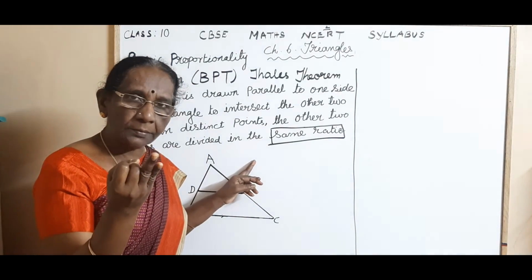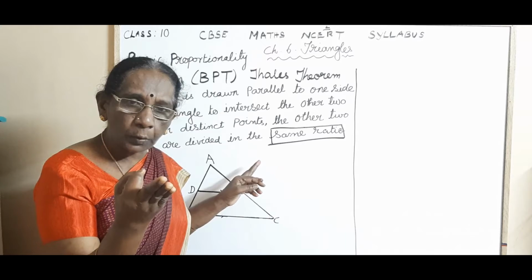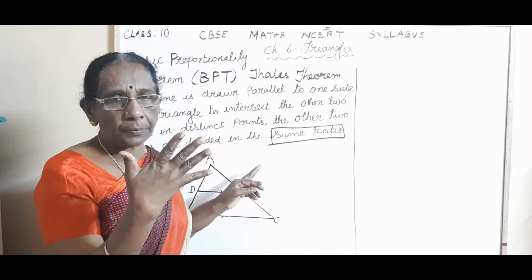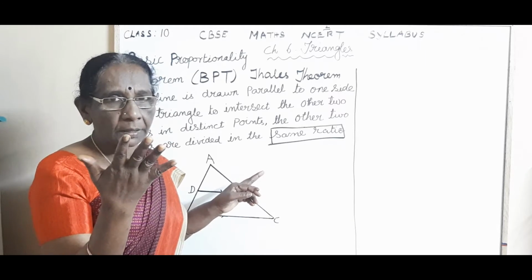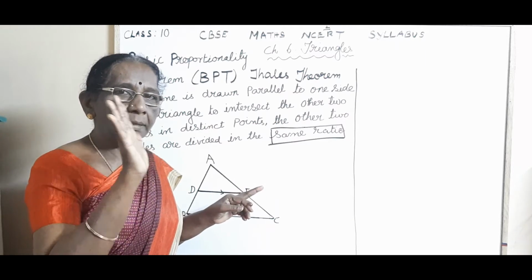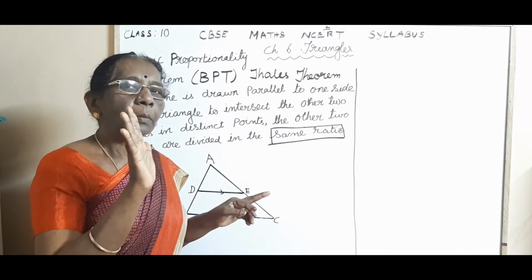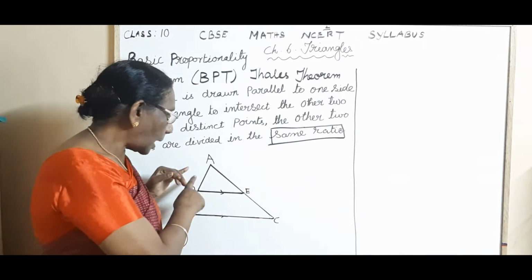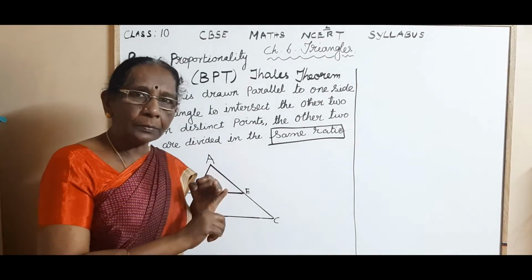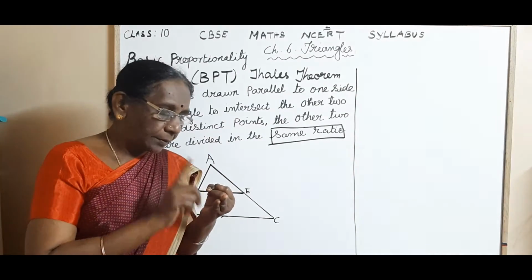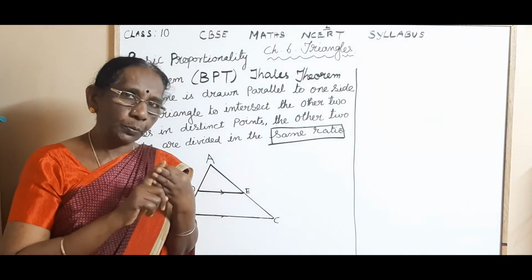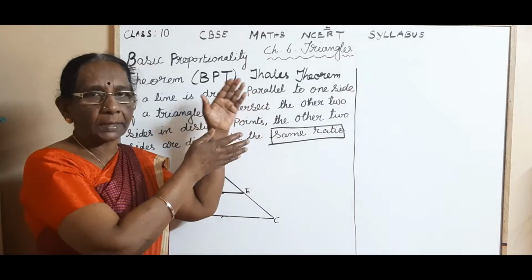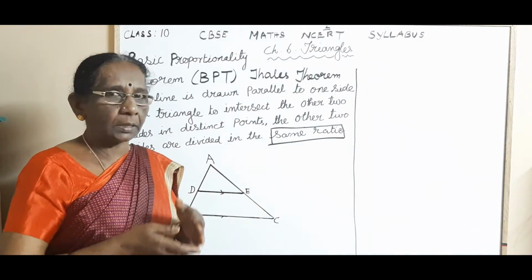Second step, what is given in the statement. Third step, what you have to prove. Fourth step, construction. And fifth step, proof. You have to write these steps, then only marks will be given in CBSE. Half mark for the figure, half mark for given, half mark for to prove, half mark for construction. So 2 marks for these steps and 2 marks for the proof.